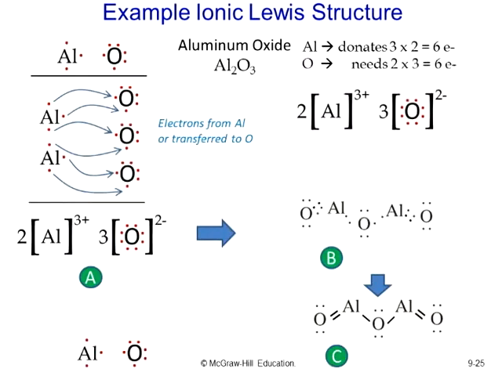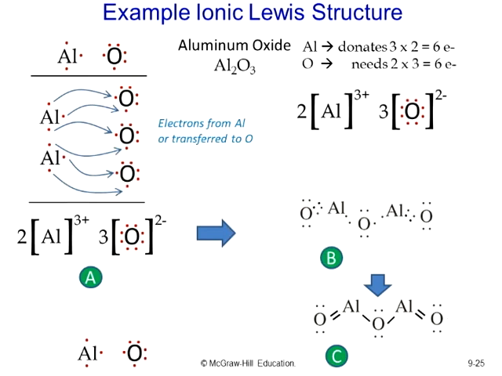Another way to visualize this is shown on this slide, where we have the donation of 3 times 2 electrons, and we need 2 times 3 electrons. And so that balance of donating and accepting electrons is perhaps a better way to look at it.